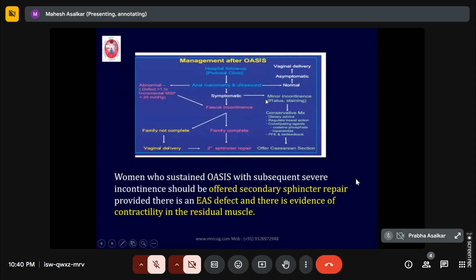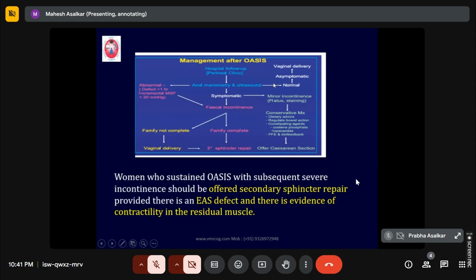Okay, and if the patient is symptomatic but there is a minor incontinence, there is flatus, staining, you follow the conservative management: give dietary advice, regulate bowel action, constipating agents, codeine phosphate, and loperamide, etc. Okay, pelvic floor exercise and biofeedback, and offer cesarean section. So if the patient has got incontinence, then you will advise cesarean section.